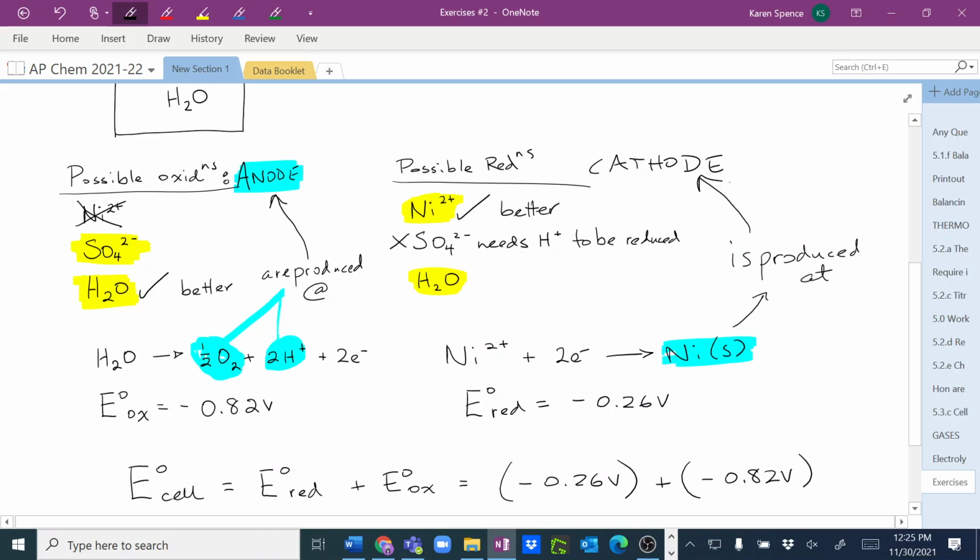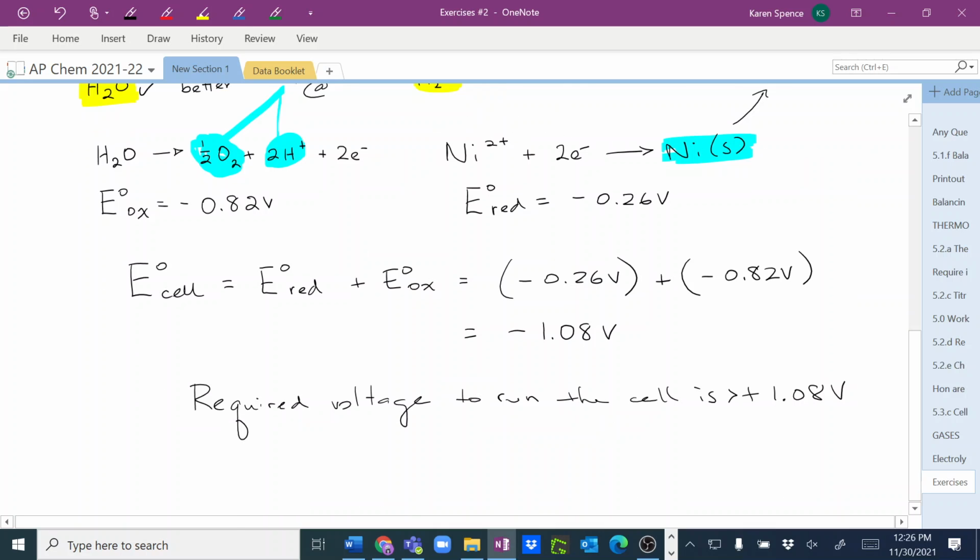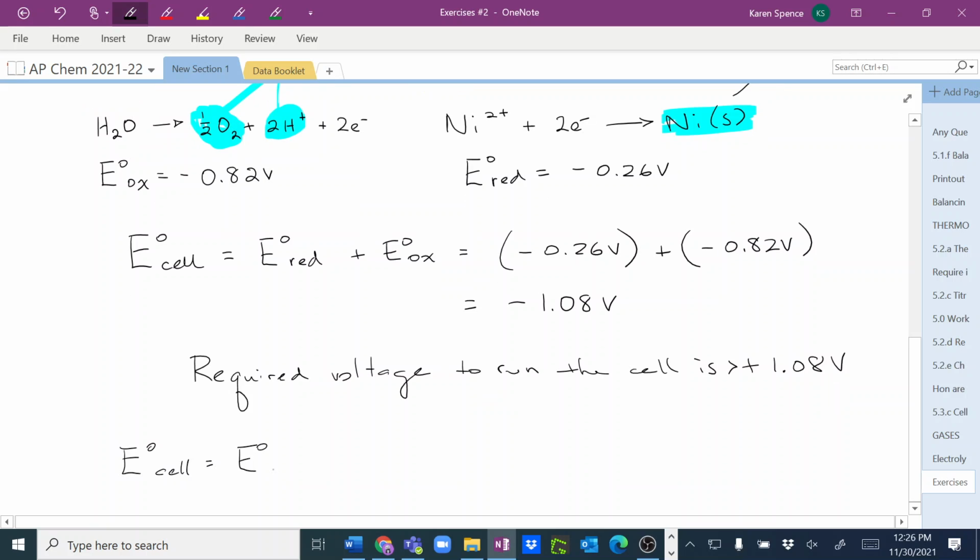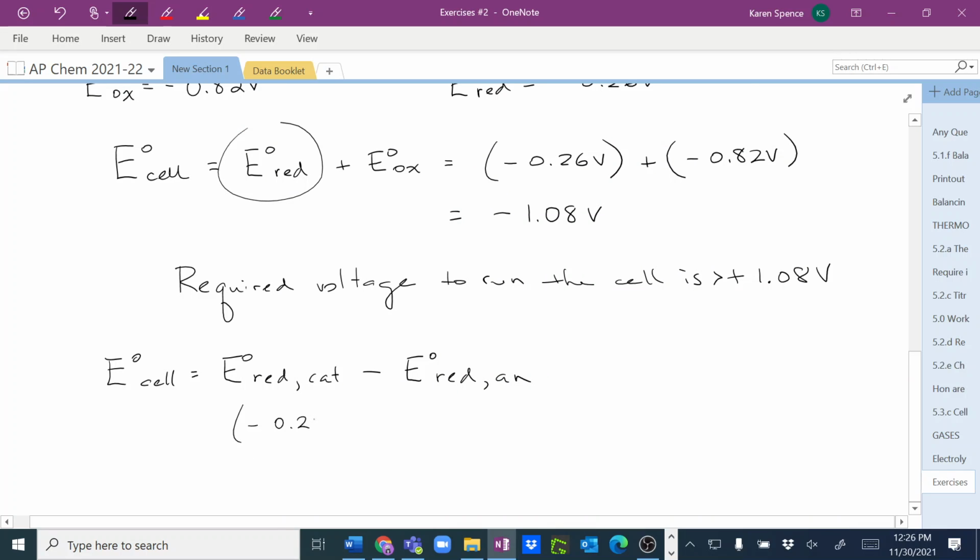If we were to do this as E0 cell equals E0 of reduction at the cathode minus E0 of reduction at the anode, this one remains the same, so that's our negative 0.26 volts.